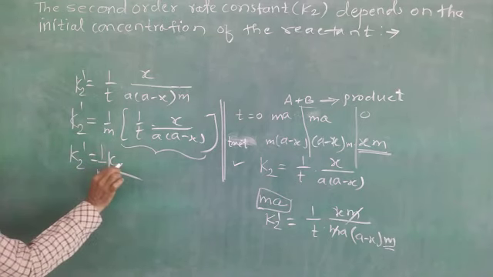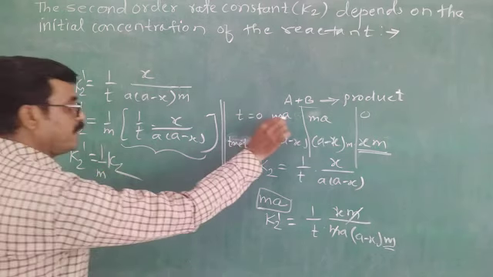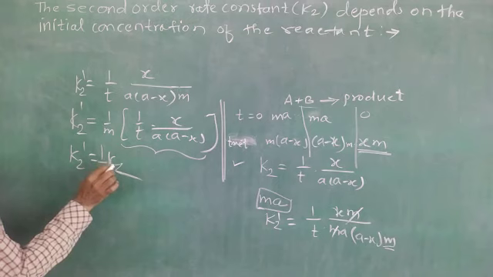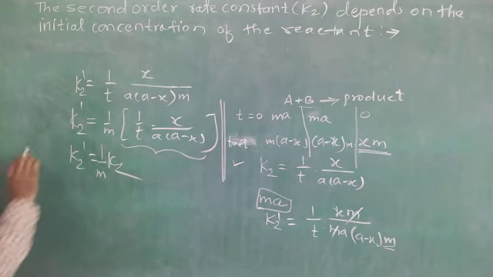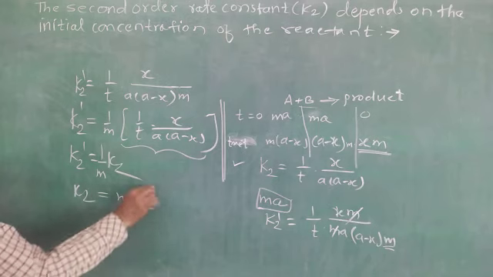This means that when the initial concentration of the reactant is MA, then K2 will be M into K2 dash. From this, K2 equals M into K2 dash.